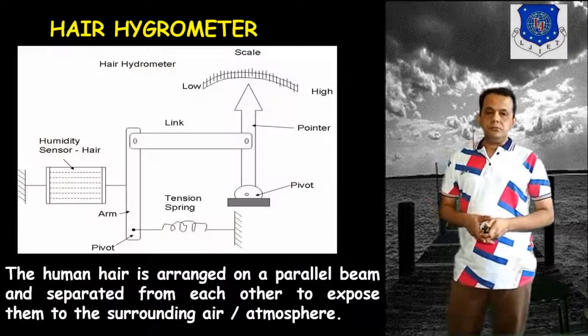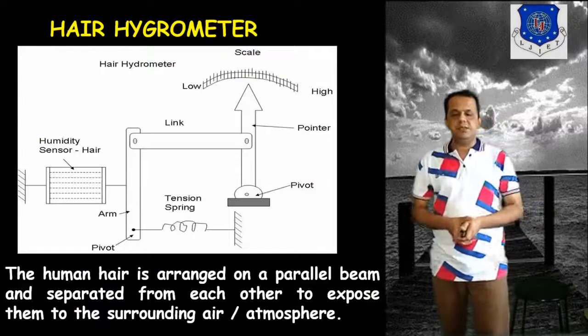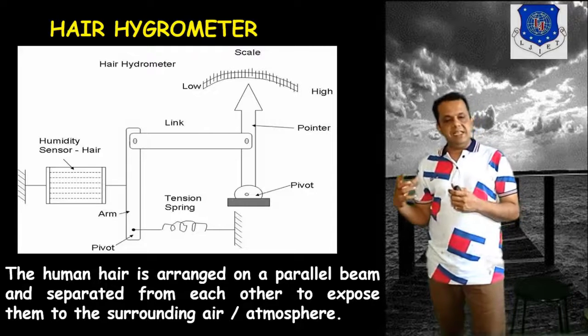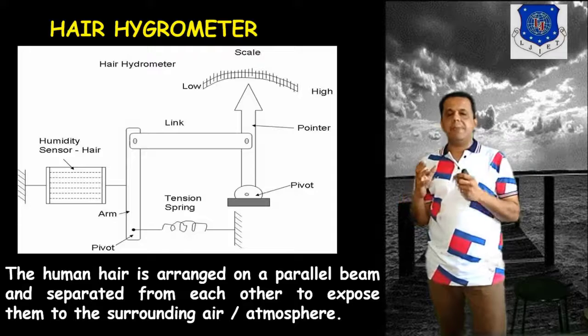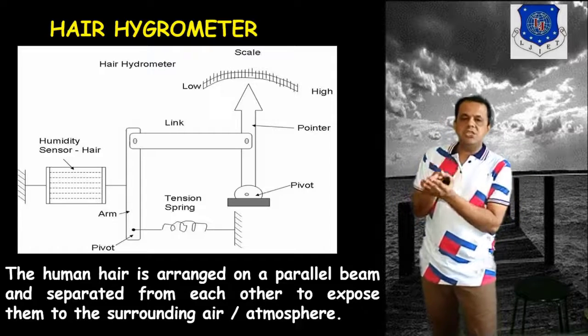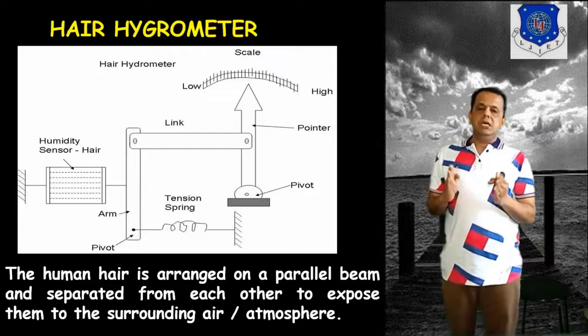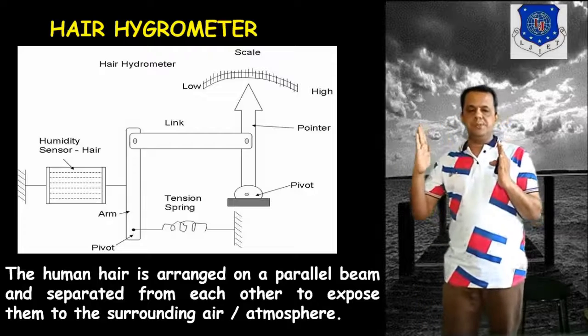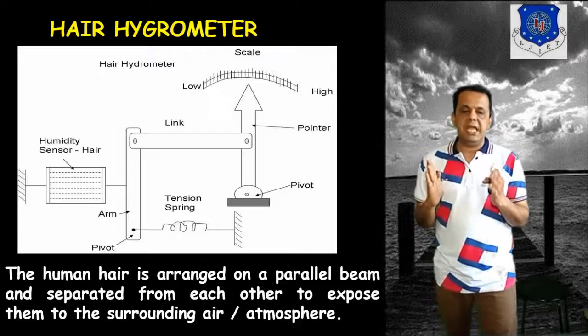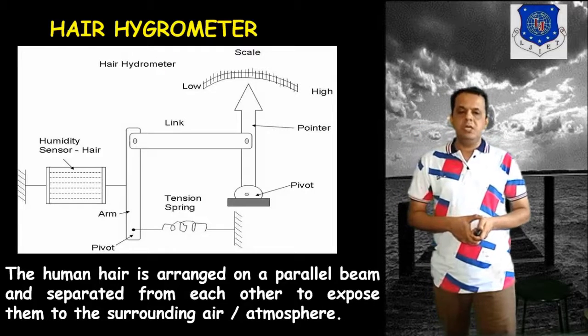Okay, let us try to understand the basic fundamentals of the hair hygrometer. The human hair is arranged in a parallel form. A number of hairs, like a bundle, will be created between one fixed part and another movable part, so that it will be exposed to the air in the atmosphere.